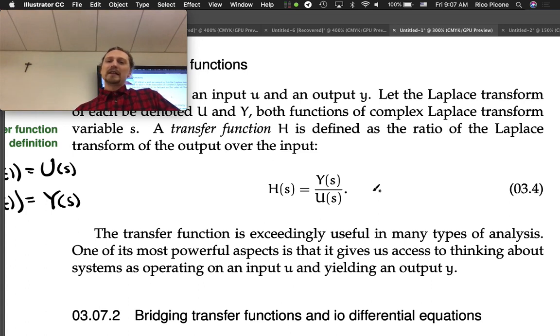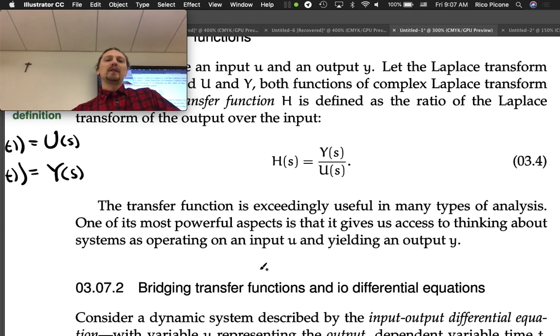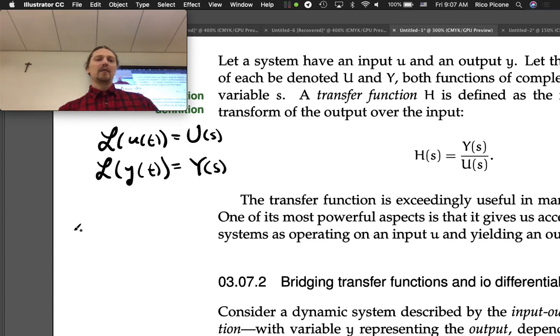The transfer function is exceedingly useful in many types of analysis. One of its most powerful aspects is that it gives us access to thinking about systems as operating on an input and yielding an output. It's very closely associated with the block diagram. So you think of U going in to the block.